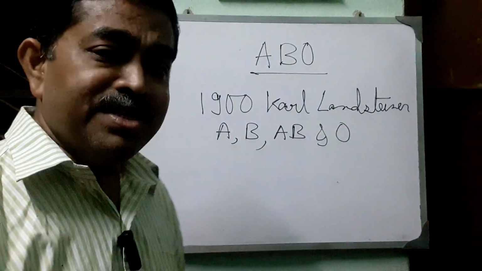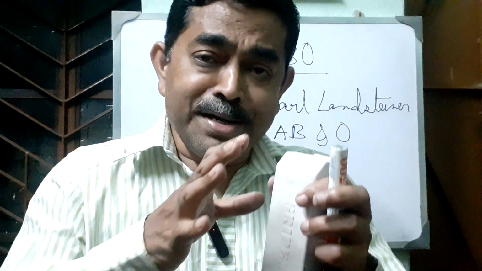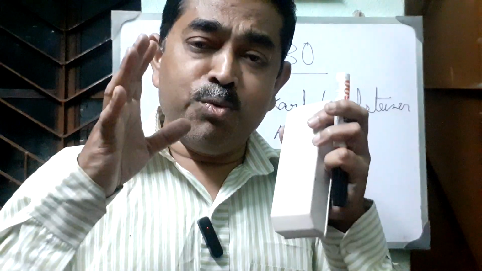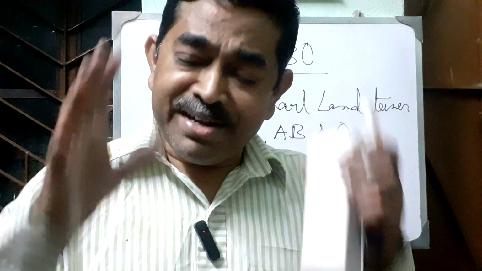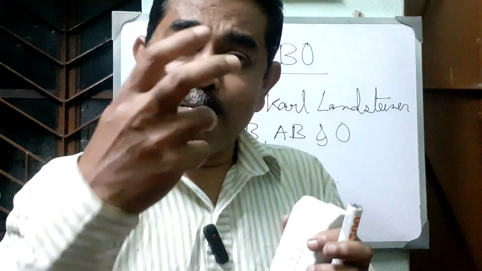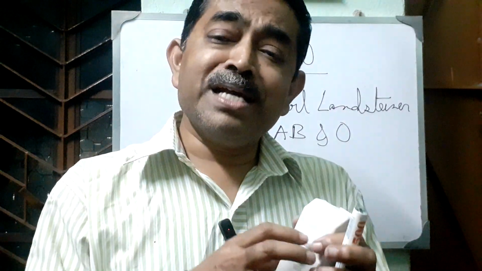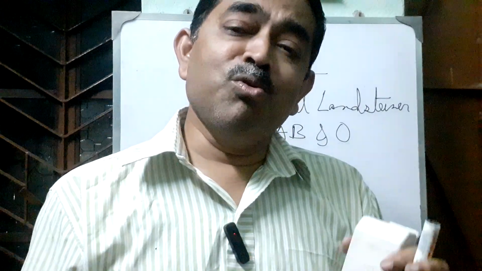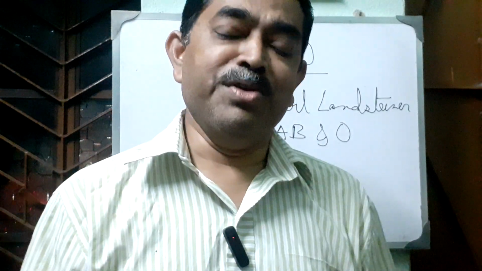And another thing is the lower level of one factor, von Willebrand factor. This is a protein, and it helps in blood clotting. So these levels are generally lower in the O type blood group individuals.